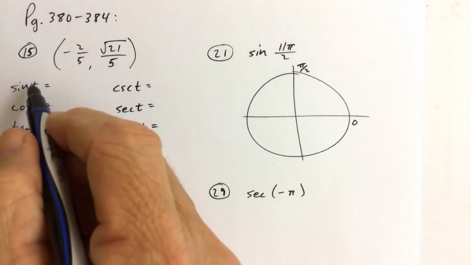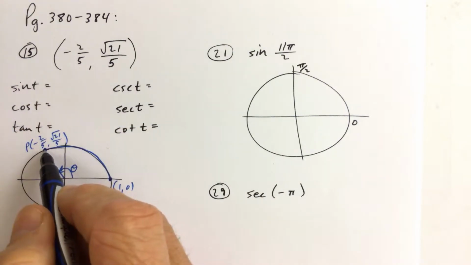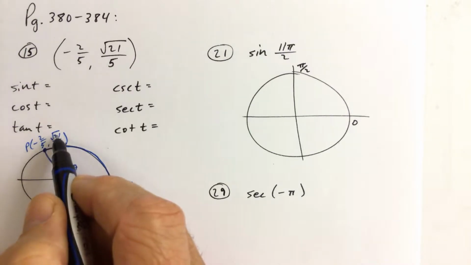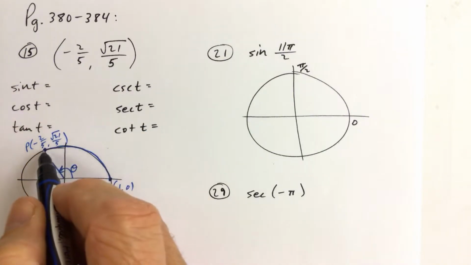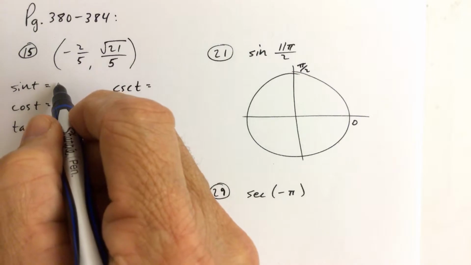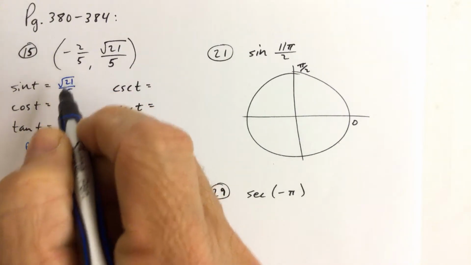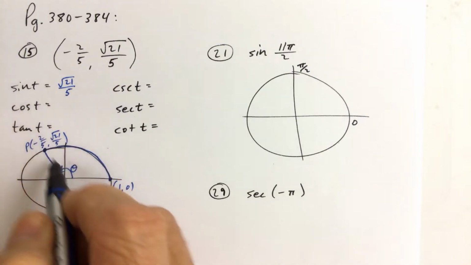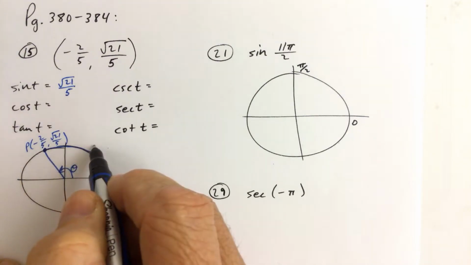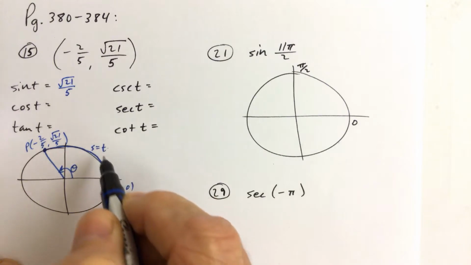And so the sine of t is the same as the sine of the angle, which we know to be the y-coordinate of the point on the unit circle that corresponds with that angle. So the y-coordinate being radical 21 over 5, and then we know that the cosine of that angle, the cosine of t, here s is equal to t units.